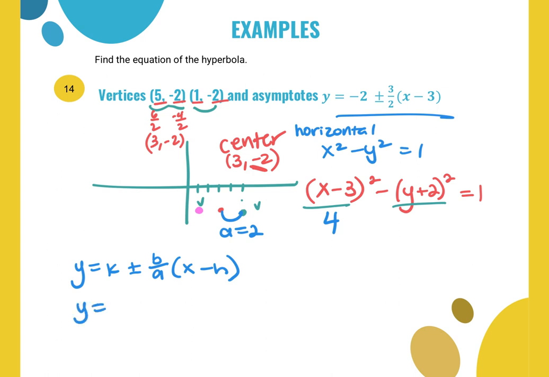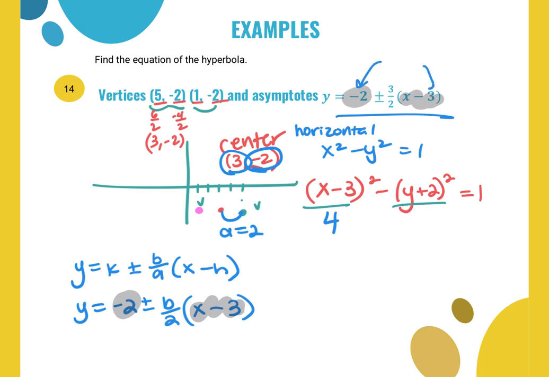I know the k is -2, I know the a is 2, and the h is 3, so x minus 3. Now everything matches: -2 and -2, x minus 3 and x minus 3. So it's just confirming what I found, which means I could have found my center from here too.